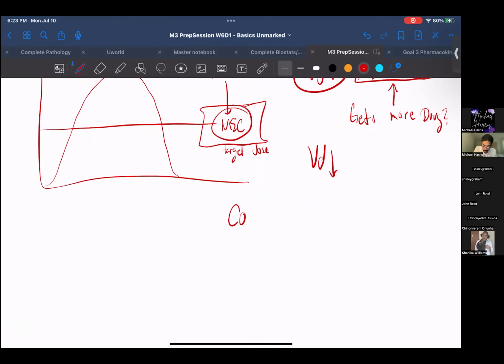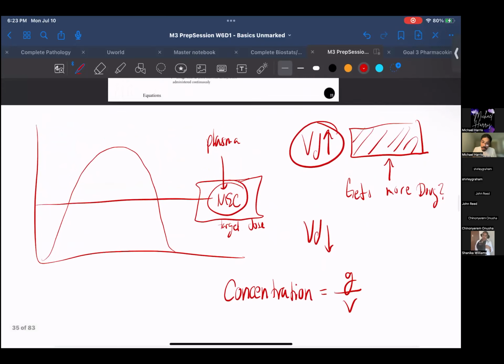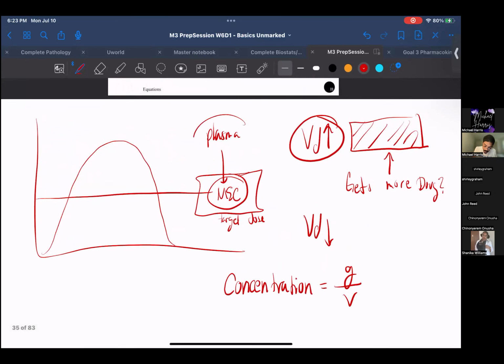what's concentration? Concentration equals mass over volume. You know your plasma mass, you know your volume.